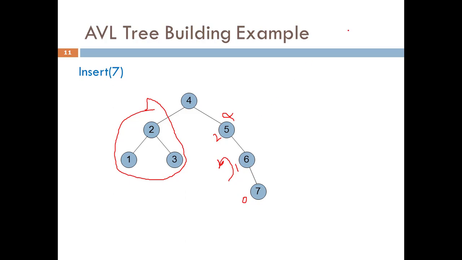So we can identify this is a case of single left rotation. We will rotate this, and after rotation we will get a tree like this: on the left of 6 will be 5, and on the right of 6 will be 7. And the rest of the tree will remain the same. So 4, this one, 4's 2, 1 and 3.